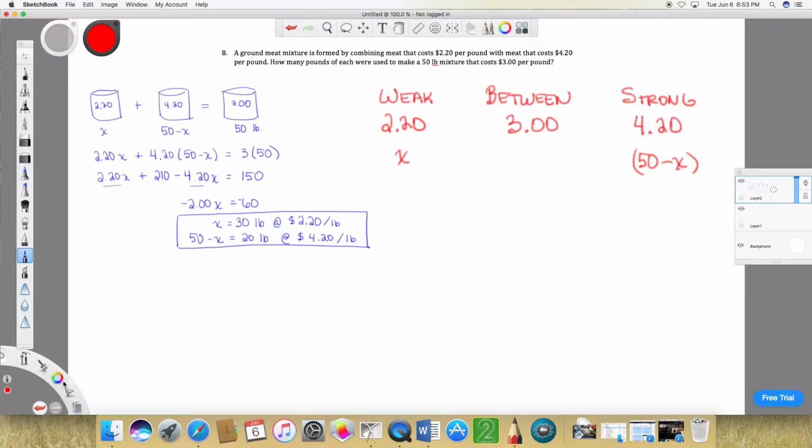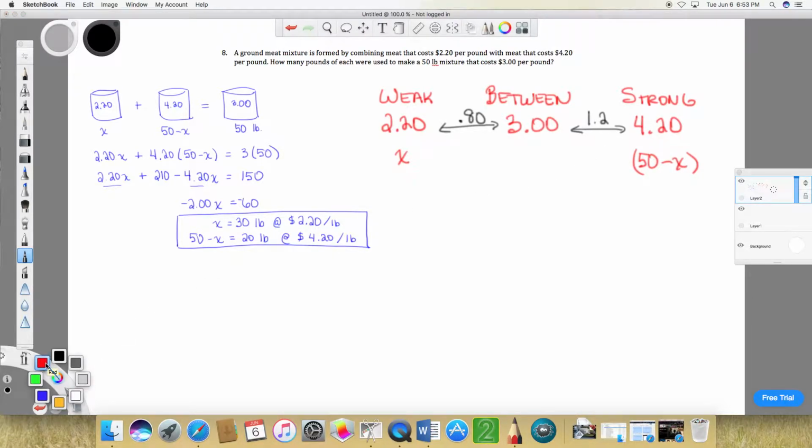So we're interested now in the distance from the middle, this difference. 3 minus 2.2 is 0.8, and 4.2 minus 3 is 1.2.